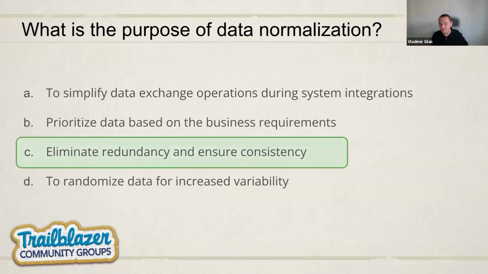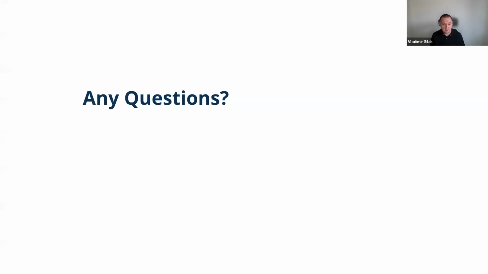Good job. It's not simplifying data exchange, because that's the opposite. We prioritize data, but that's not the business requirement. We're really just eliminating redundancy and ensuring consistency. So good job. I'll switch into Q&A.